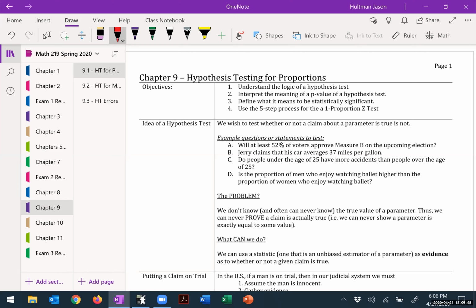The idea of a hypothesis test: we wish to test whether or not a claim about a parameter, in this case P, the population proportion, is true or not.